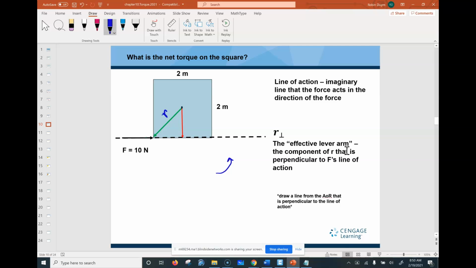Okay, so let's figure out the net torque on this box now. Start with your equation for torque. Torque is equal to R perpendicular F this time.